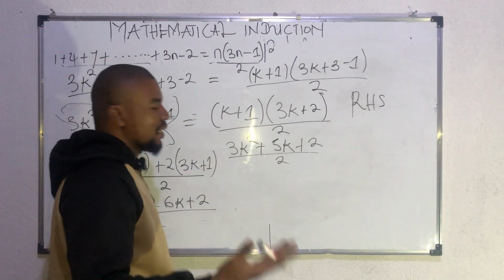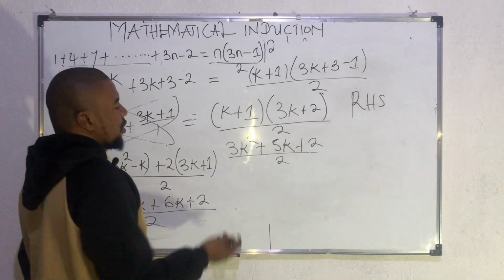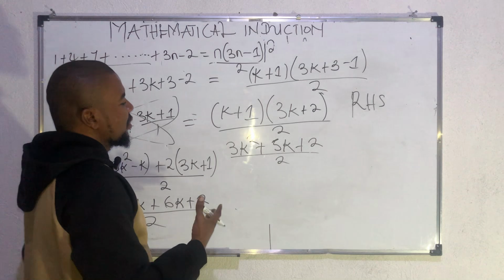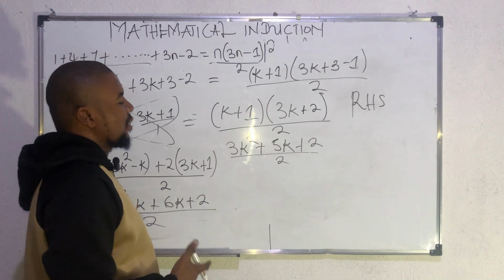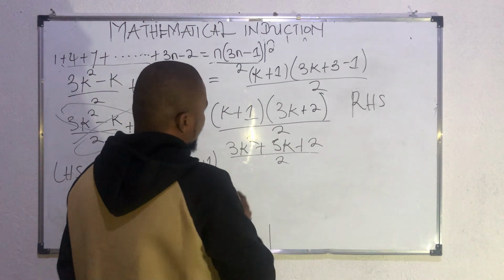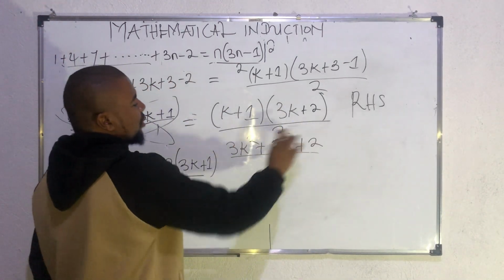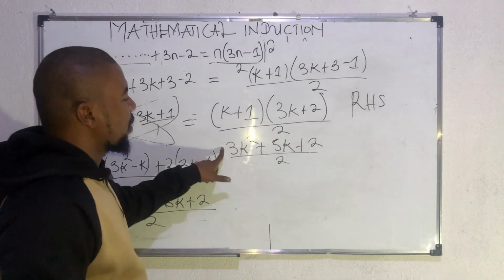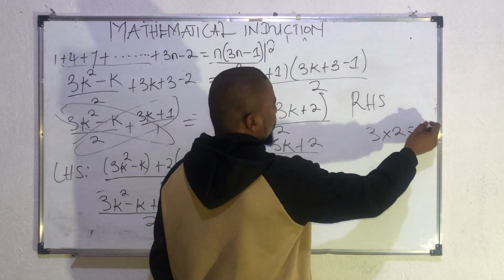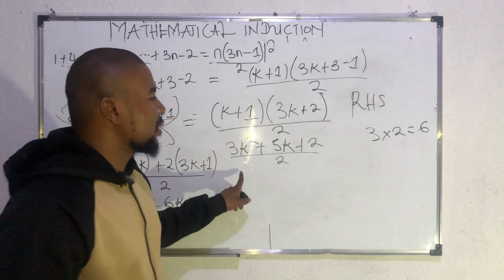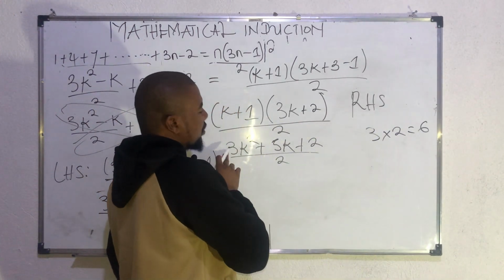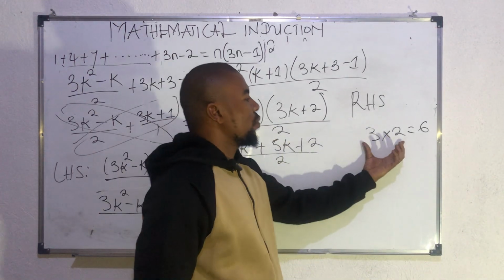We're going to use the AC method and then factor by grouping, because the A in this quadratic is greater than 1. Hence, we multiply the A and the C together. 3 multiplied by 2 is equal to 6. Now, what two numbers multiply to give 6?